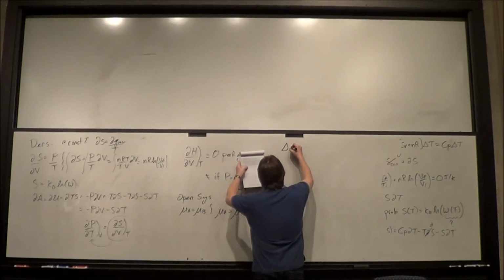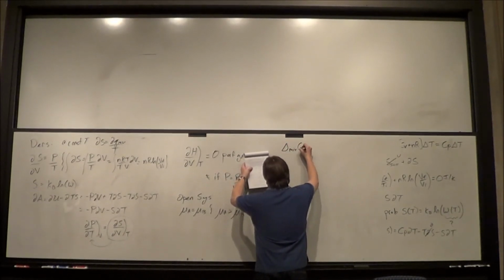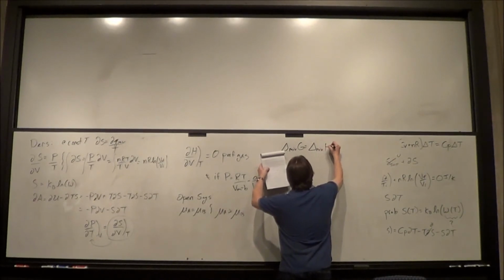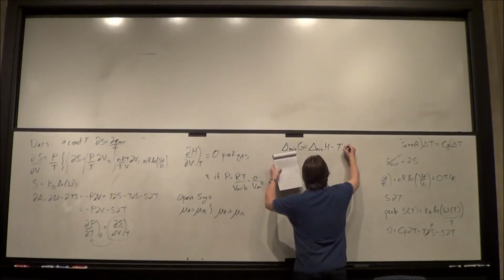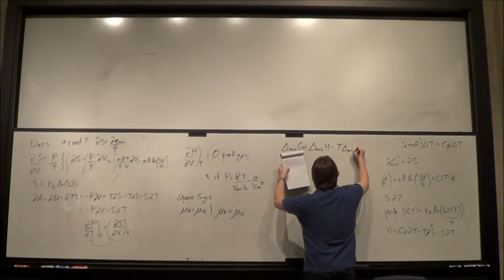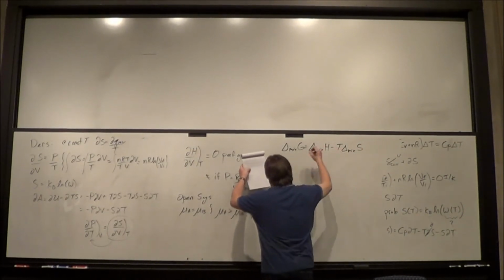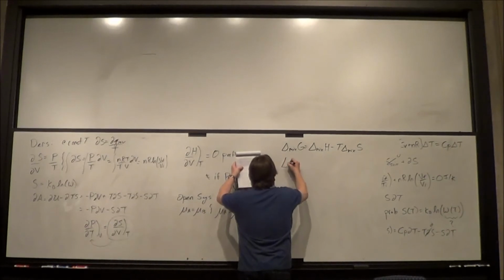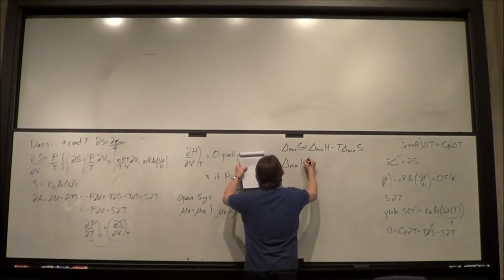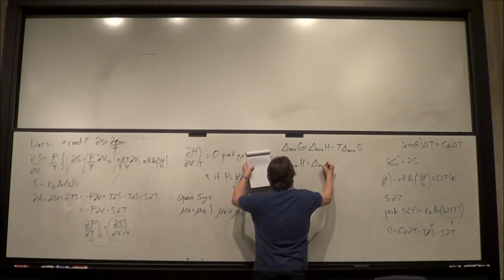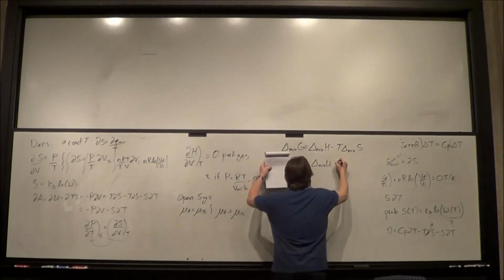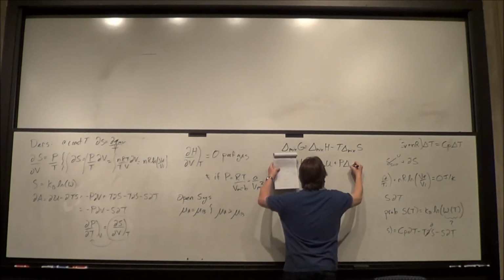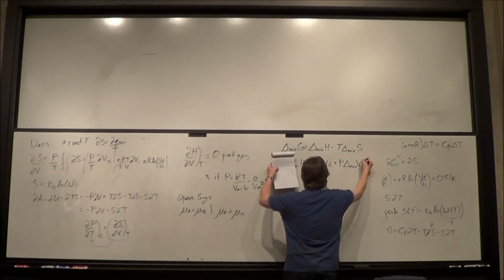So remember that mixing G is delta mix H minus T delta mix S. Again, we live in a constant temperature world. And again, I missed that minus sign on the note, that was stupid. Where delta mix H is the change in mix, I hate writing that, plus the change, we're in a constant pressure world, so the P comes out.